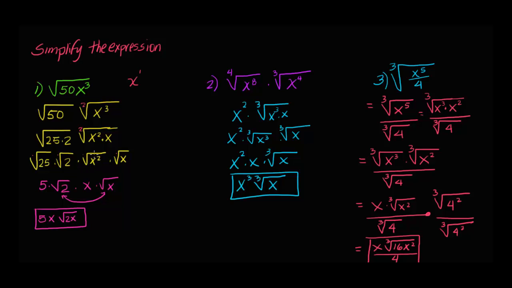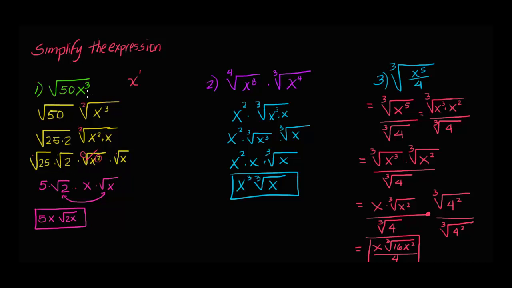The square root of x squared, since the exponent matches the index, I can eliminate that radical, and I have an x outside of the house, and then times the square root of x, because I can't simplify it any further. Now, before we give the final answer, notice I have a square root of 2, a square root of x.